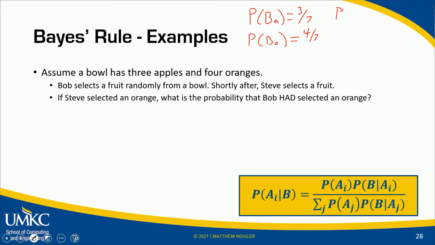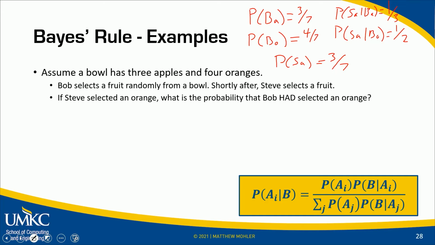We had the probability of Steve picking an apple, given that Bob had picked an apple, and that was equal to 1/3. We had the probability that Steve picked an apple, given that Bob picked an orange. That was equal to 1/2. And then finally, we had the probability overall that Steve picked an apple, and that was equal to 3 out of 7.